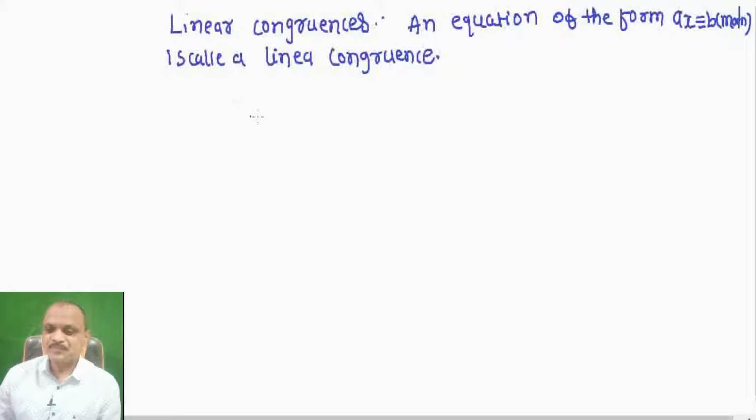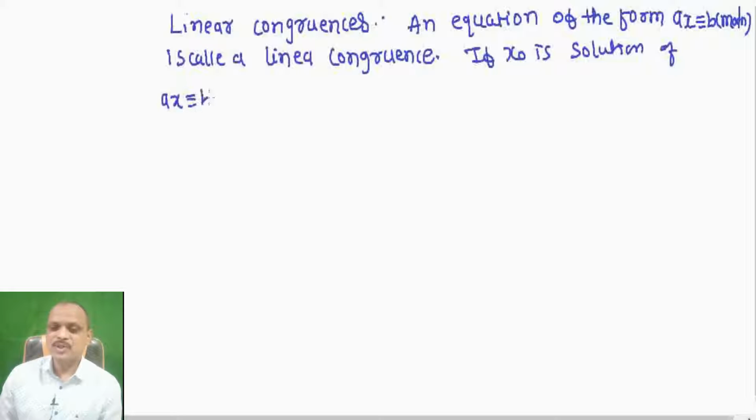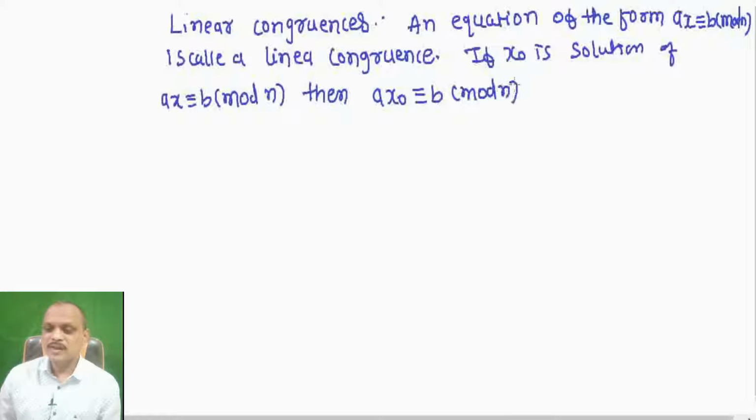So if x0 is a solution of ax congruent to b modulo n, then we have ax0 congruent to b modulo n, that is, this number n divides ax0 minus b. So when we put this particular value in this congruence, this ax0 minus b should be divisible by n.